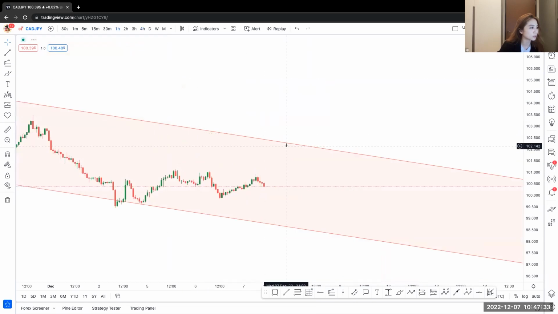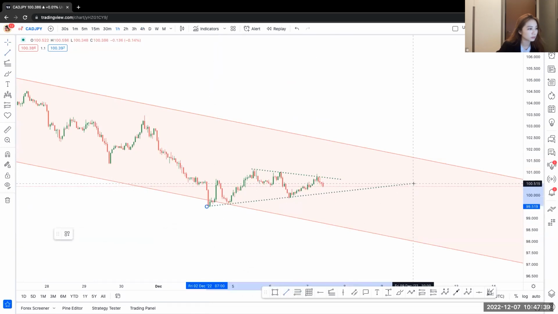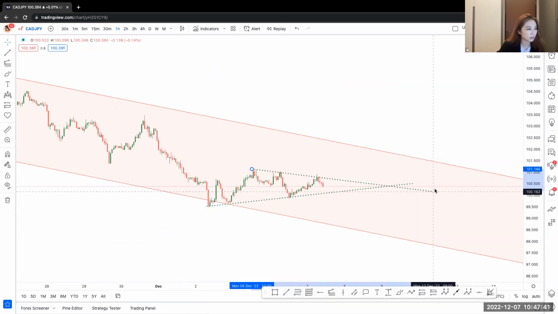Interesting. I think on H1 you'll see a slight triangle. So on H1, you'll be looking at this instead.